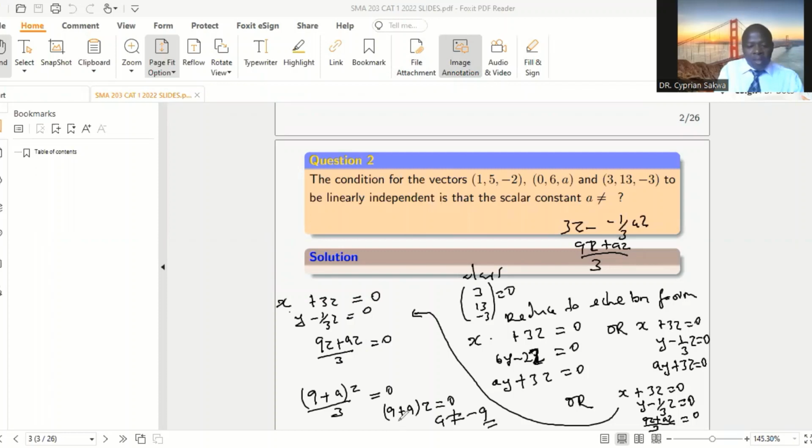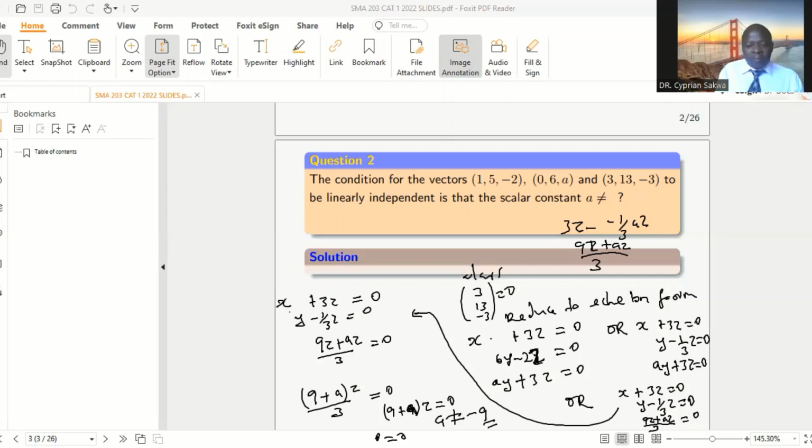I looked at this: it was 9 plus a, times z, is equal to 0. So if a is negative 9, then inside this bracket we'll be having a 0, so the left side will have a 0 and the right side will have a 0. And as we saw in the first question, if we have 0 is equal to 0 in the last equation, it means that the system has infinitely many solutions.